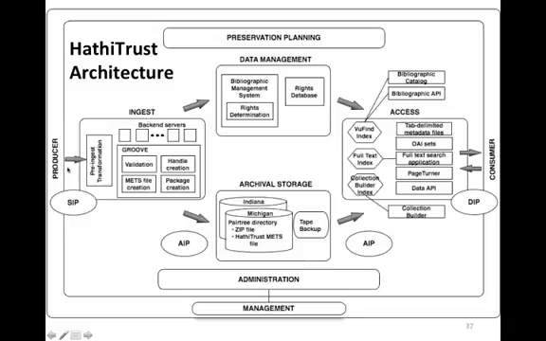Google sends the digital images of the books into this component where things are validated. URLs are created, metadata is created, and it's packaged up. The metadata comes here where it is dealt with and put into a searchable interface. The data gets indexed this way, it gets stored here, and then there's different management.